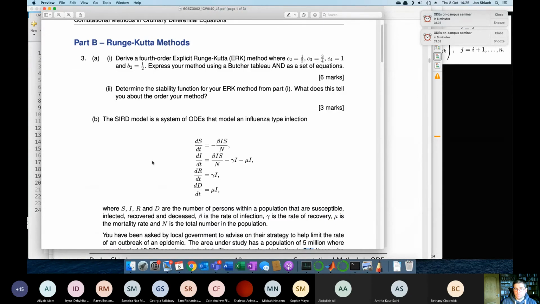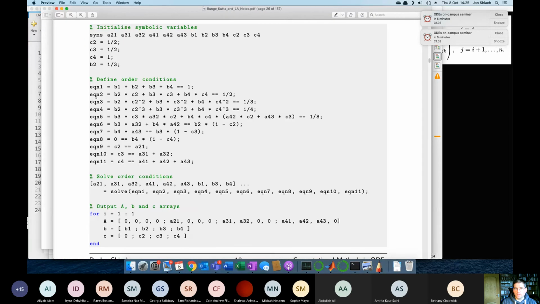Now, you have equations 1 to 11, and in this example I've used them all. If you don't use all of them, you've got to select a few so you can solve for the values. A tip is solve for the b values first. What I mean by that is I clumped them all into one, just for brevity.